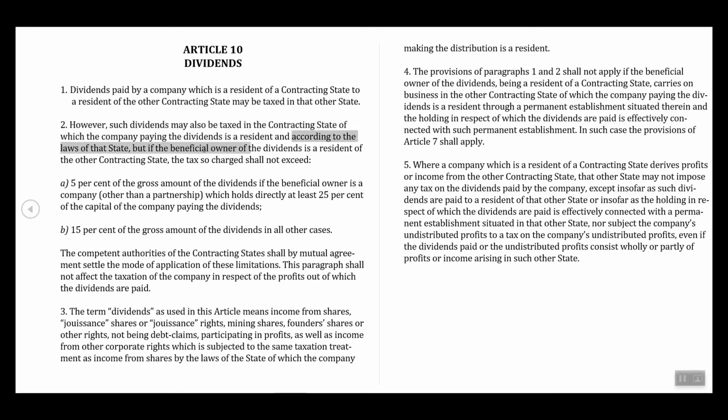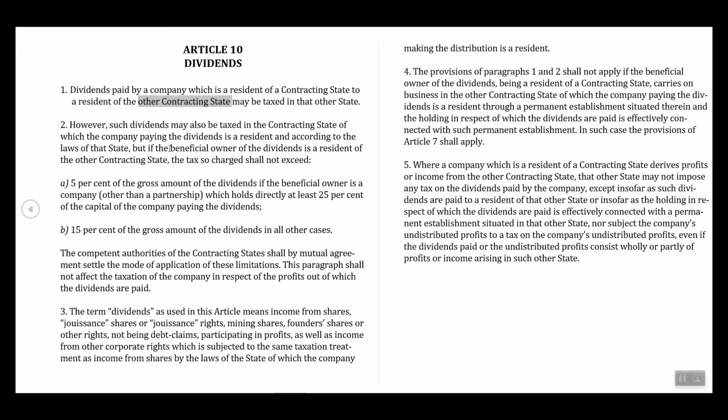And according to the laws of that state, so under Farawaystan's national law. That's self-evident. Nobody needs to say that, but they say it just to be nice to us. But if the beneficial owner, that's nice for recipient, not exactly a technical term, but yeah. So if the person who gets the dividends, to say it plain and simple, is a resident of the other contracting state. Now, what was the other contracting state in our example? That was Germany. So let's fill in.